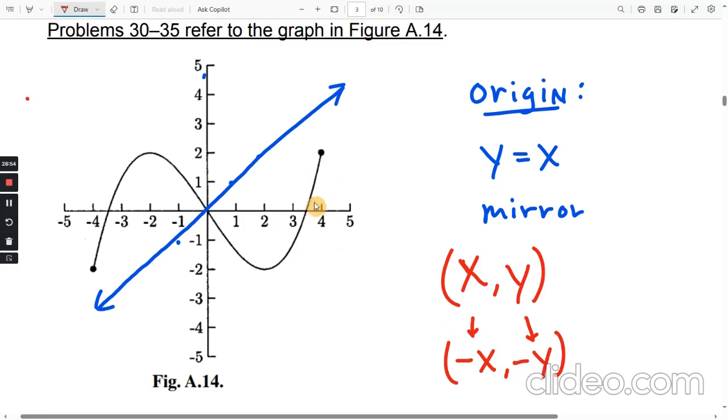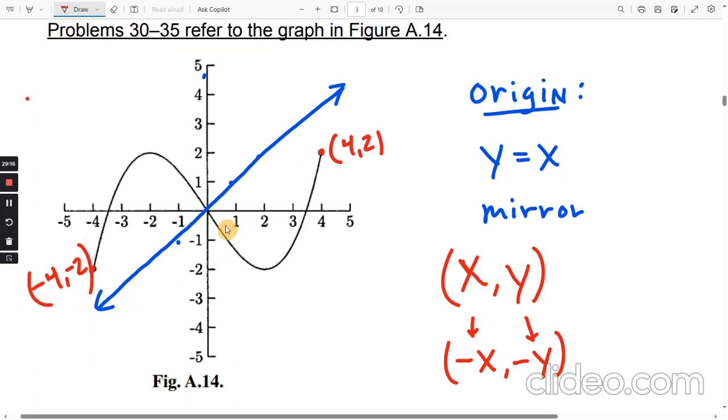For instance, this point here is at x equals 4 and y equals 2. See if that point exists at negative 4 and negative 2. If we go to negative 4 and negative 2, we have that point right there. All right, so far so good.